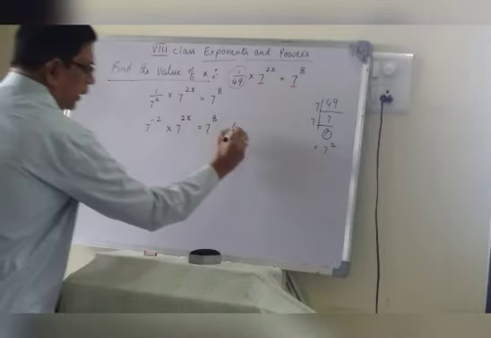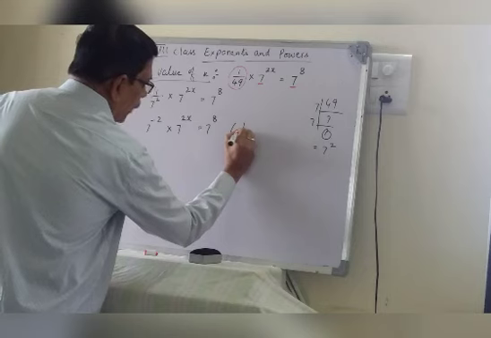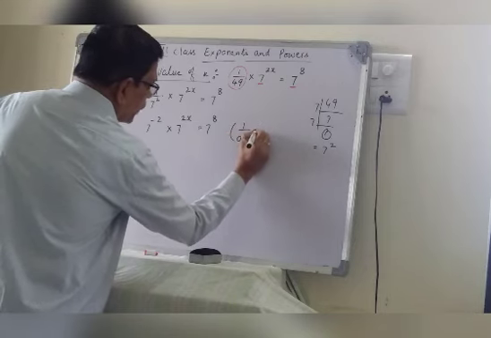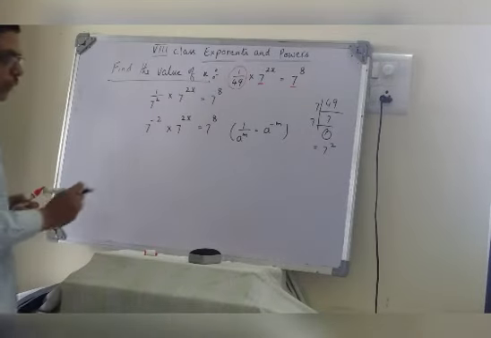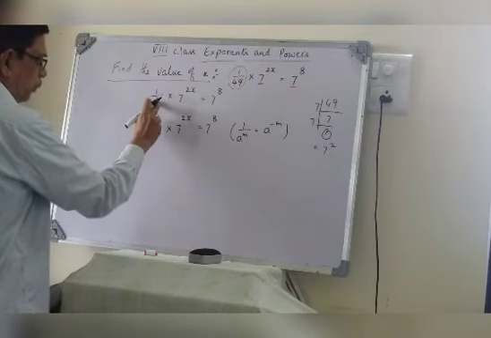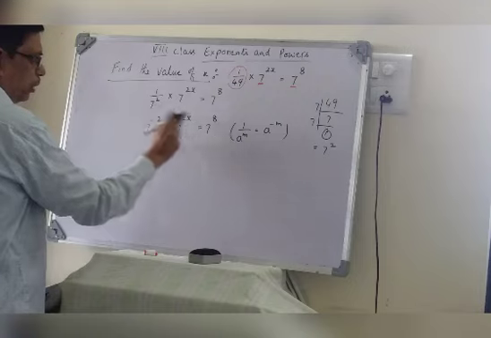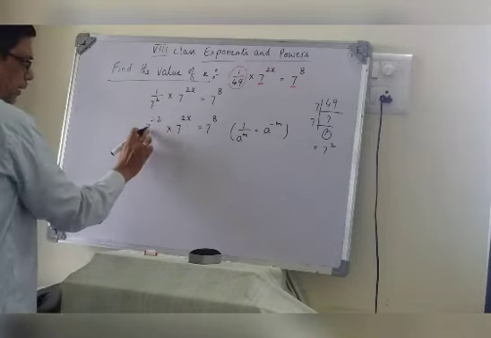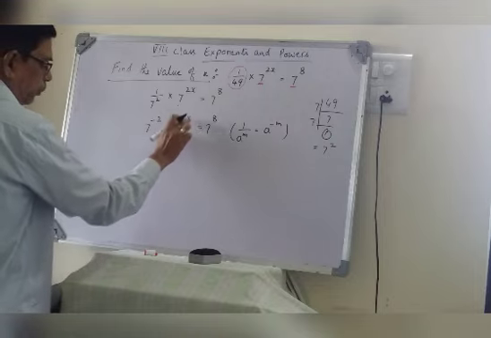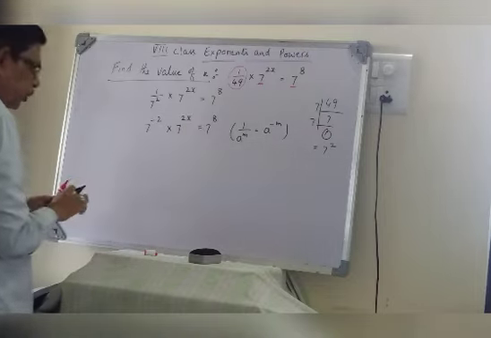In brackets we can write: 1 by a to the power of m is equal to a to the power of minus m. So this is the formula. 1 by a to the power of m, like 1 by 7 square, we can write a to the power of minus m. That is 7 to the power of minus 2 into 7 to the power of 2x is equal to 7 to the power of 8.